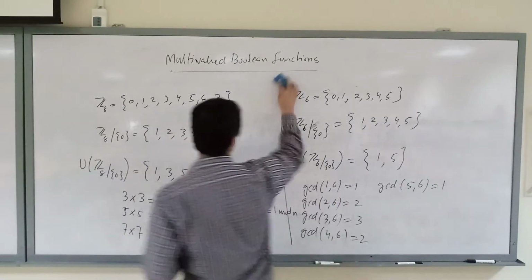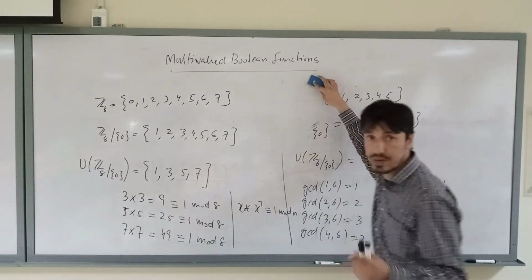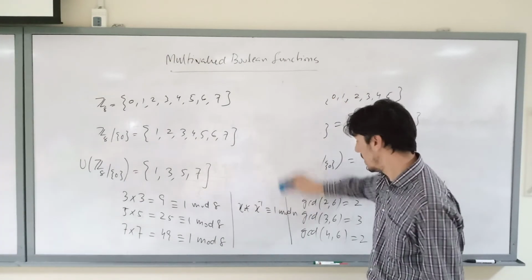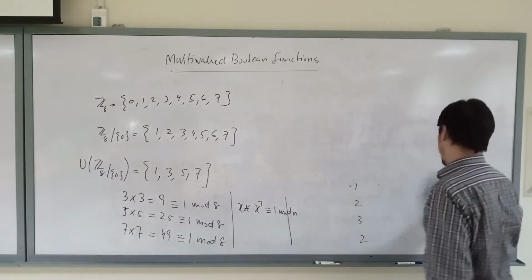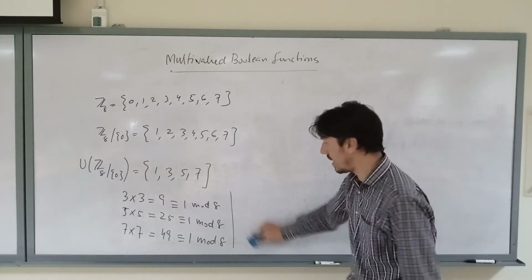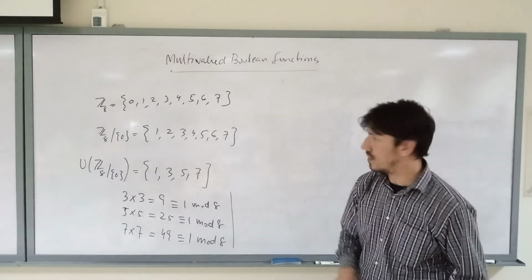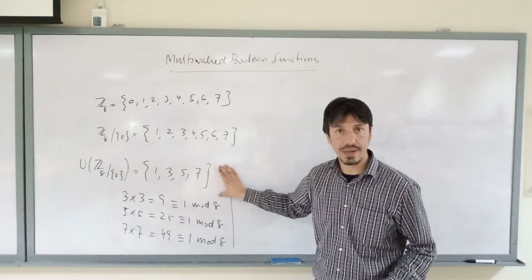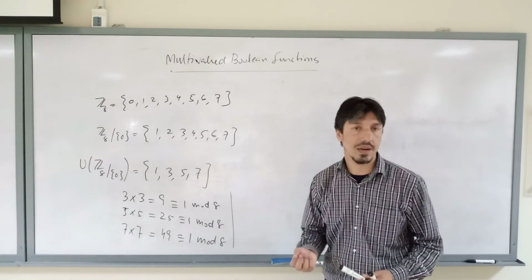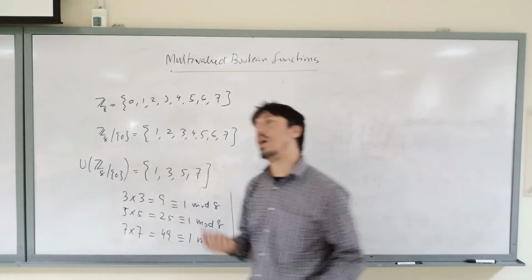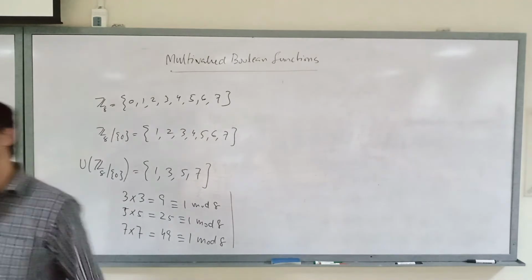So let me elaborate this with some number theoretic functions, how you can devise these. How many unit elements are there over here? There are only 4 unit elements. In case of Z3, you have only 2 unit elements.